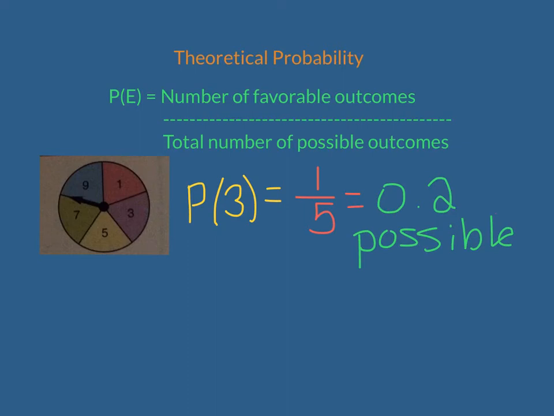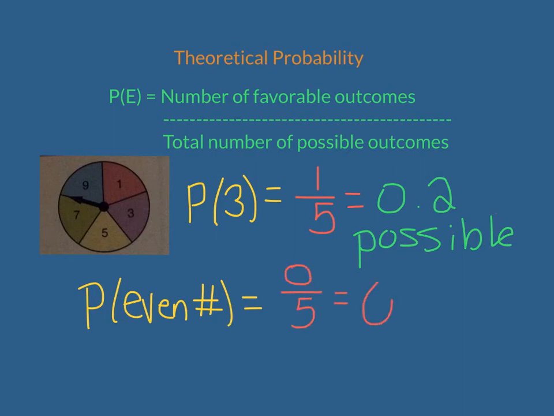Okay, and then what would the probability be of an even number? The probability of an even number would be, there's 0 even numbers on here out of 5 spaces, so that would be 0, and it's impossible. Okay, I hope that those were the answers you were able to come up with as well.